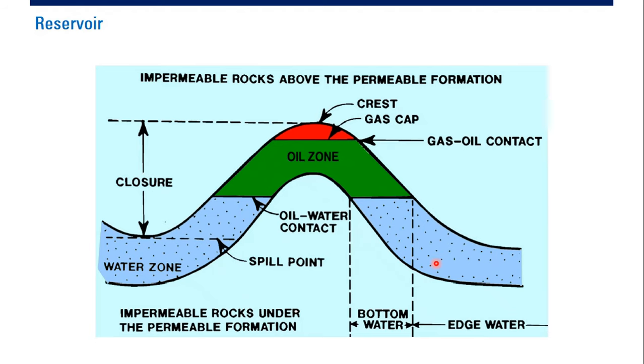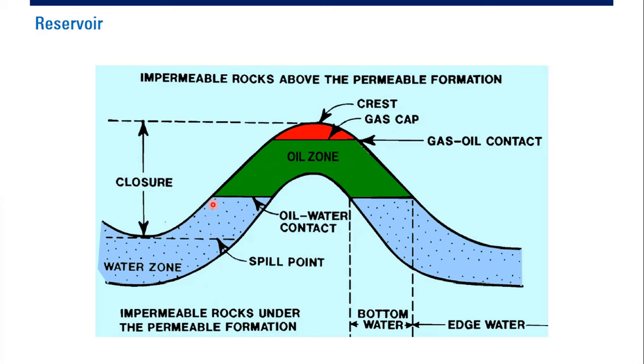And also to the right, there is no other anticline and water will flow. That's the importance of the spill point. Water will spill to the left, water will spill to the right.